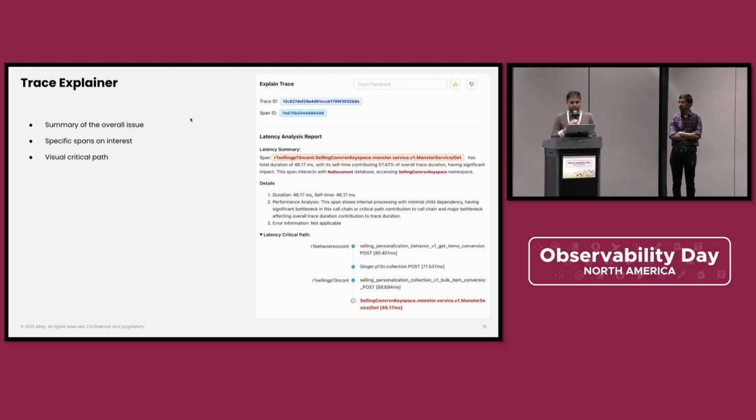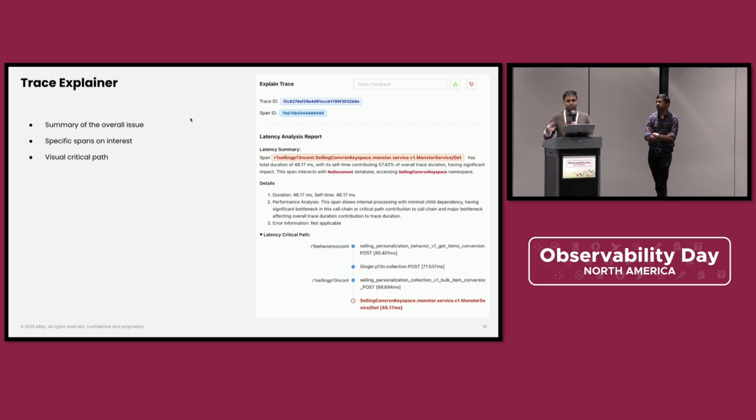So let's look at each of these sections. The first section in this example mentions that the problematic span is the monster service / get call, which took about 46 milliseconds, and it contributed to more than 50% of the overall trace time. If we go into further details, it explains that it's all internal processing.